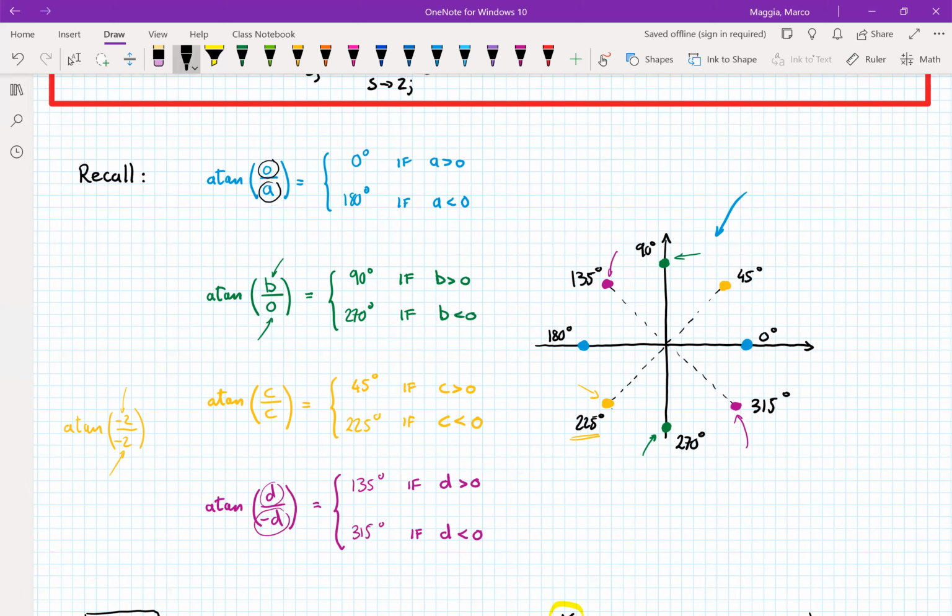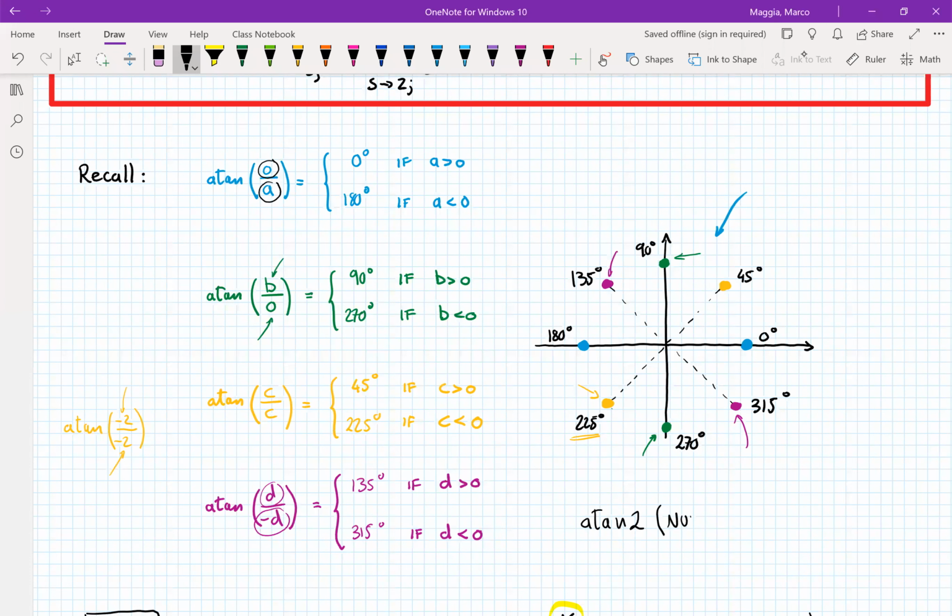So you have to be careful when you use your calculator. Otherwise, you can avoid that when you're using MATLAB by selecting the function arctangent 2. So you have to actually write ATAN2, and then the arguments are going to be the numerator, comma, denominator of the fraction.